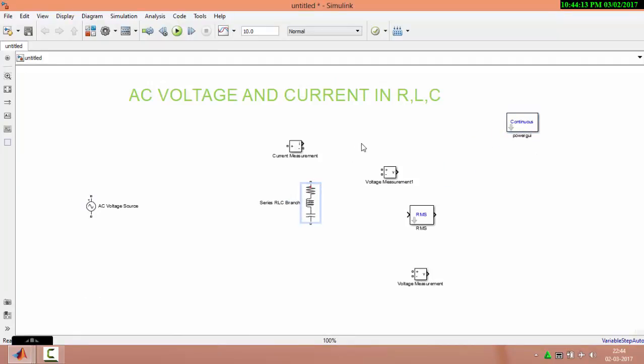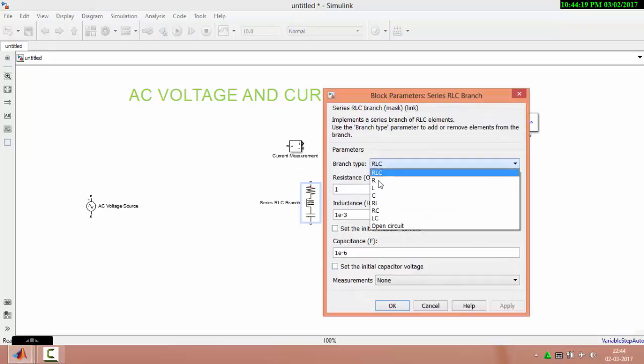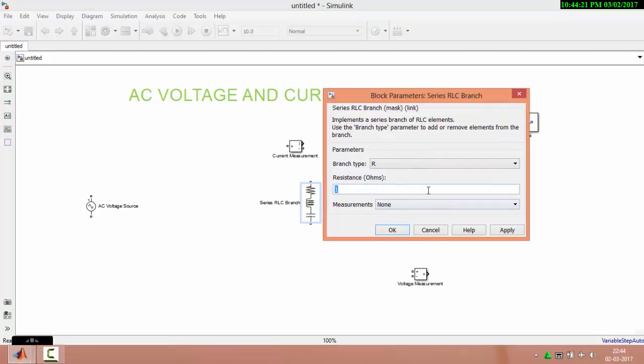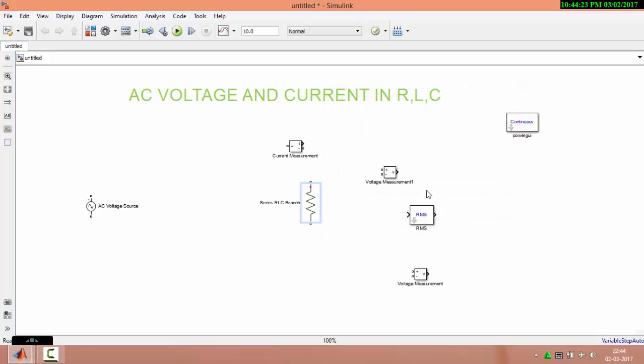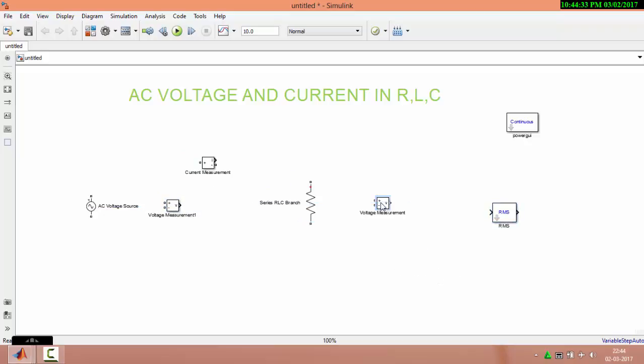For the first thing, you have to verify R, and hence you need only R. Change the branch into a resistor and assign some value. You will have two voltage measurements, one across the source and one across your load. Now let us connect all our blocks.